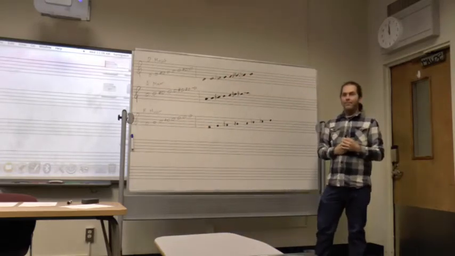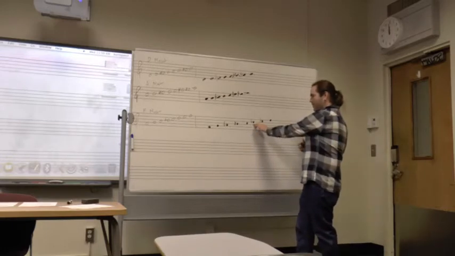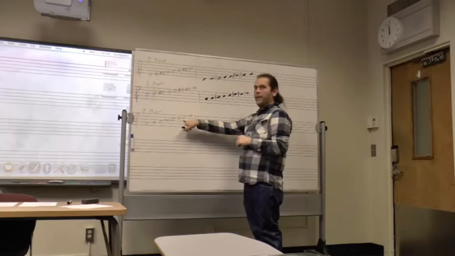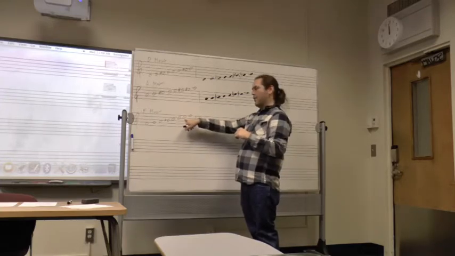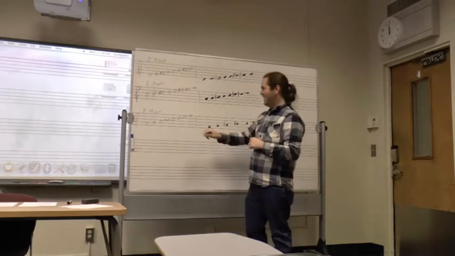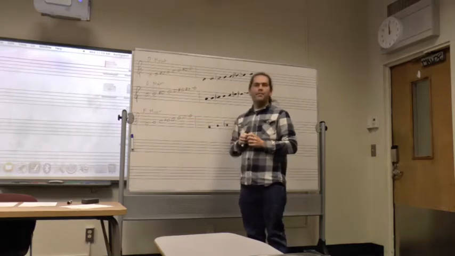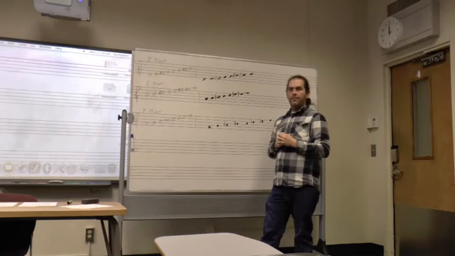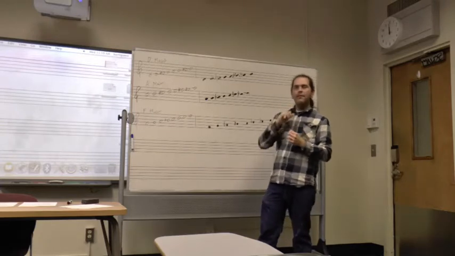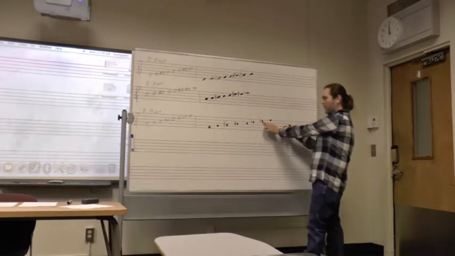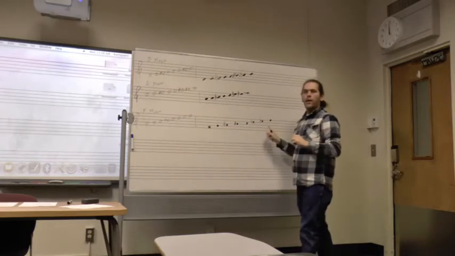D flat. The seventh scale degree, F, or I'm sorry, E. F is the key, sorry. E is going to become what? E flat. And it just so happens we got E flat. Who got that for F minor?